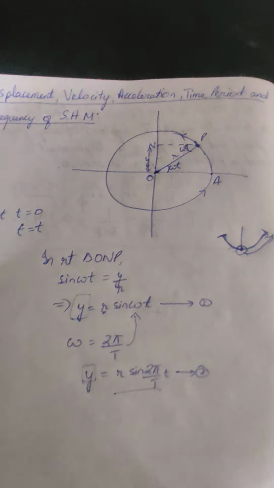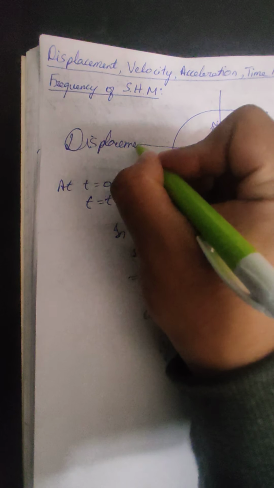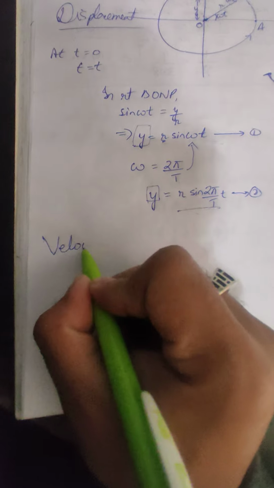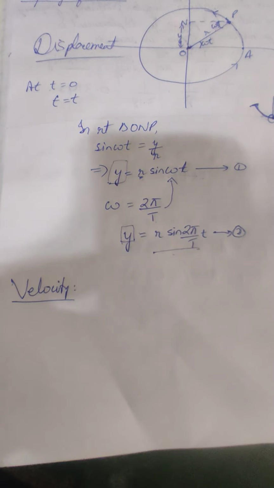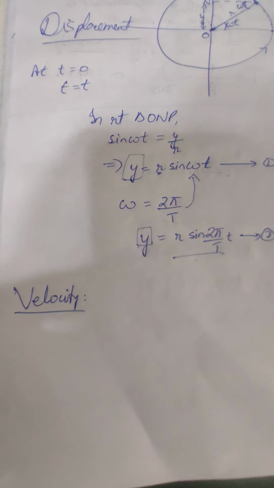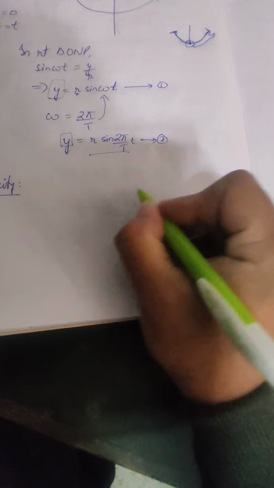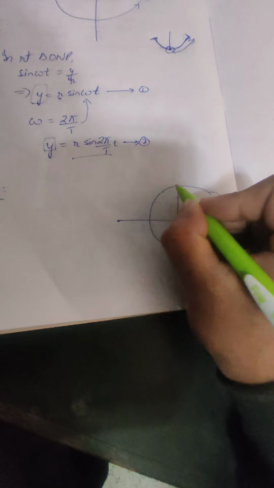Now let's talk about velocity. We'll draw another figure. Consider a particle again moving in anti-clockwise direction in circular motion.